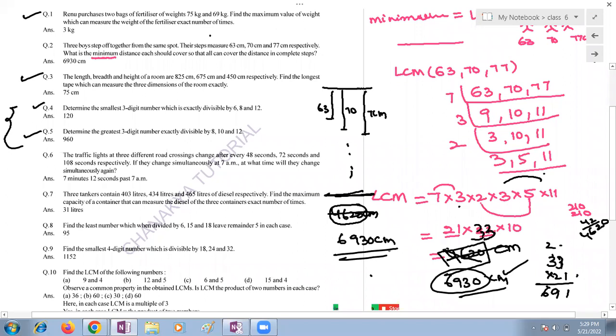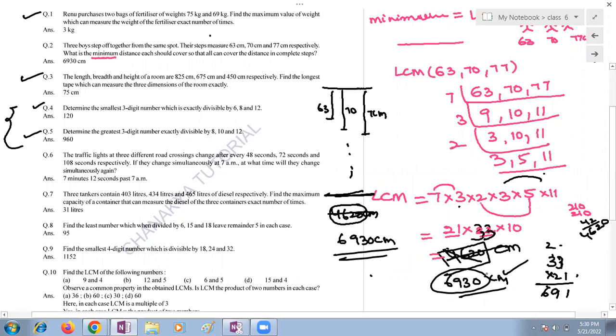Ma'am, if we want, we can convert the centimeter into meter. If you want, we can also convert it into meter or millimeter.